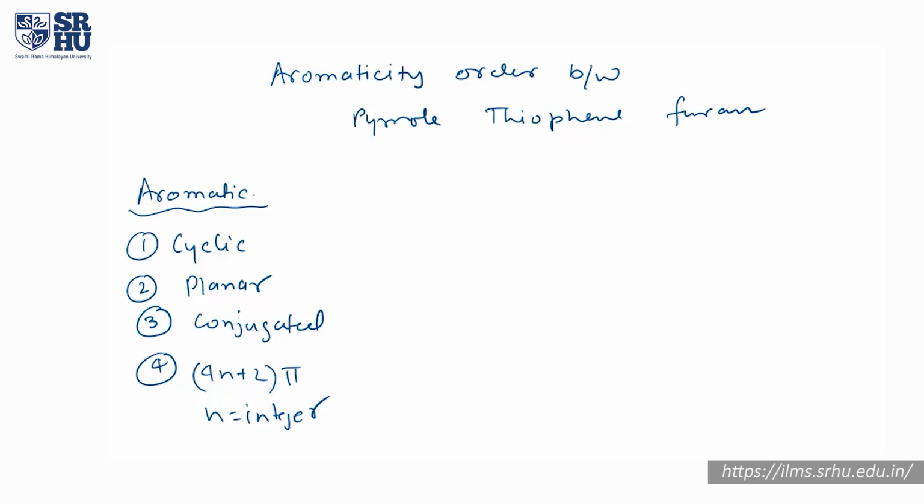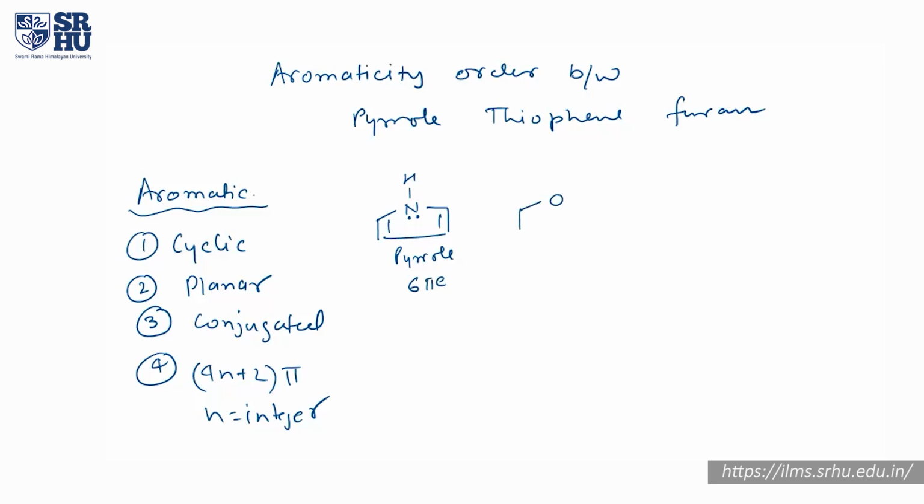So in that case, you see that thiophene, furan and pyrrole all are aromatic, because in pyrrole you will see there are 3 pairs of pi electrons. That means 6 pi electrons are there.